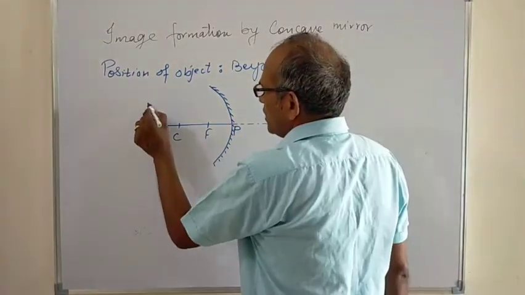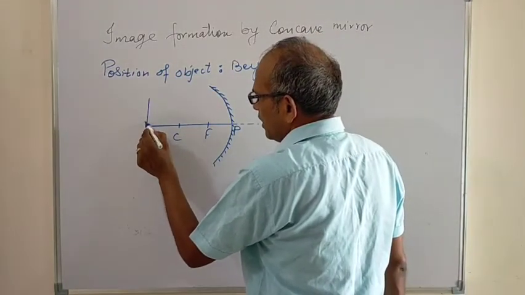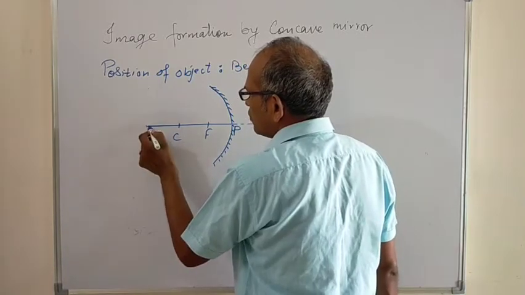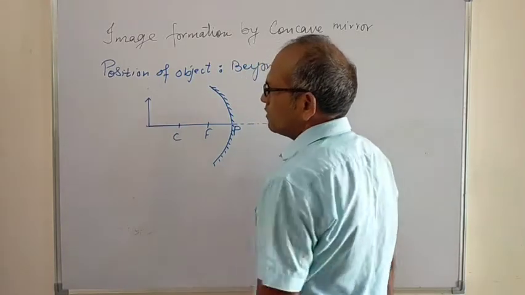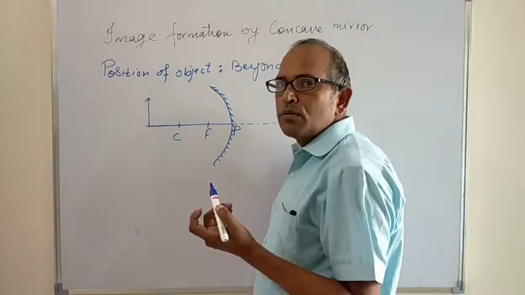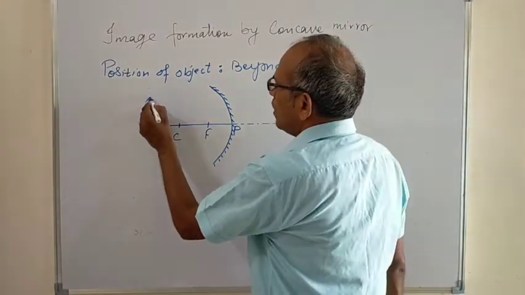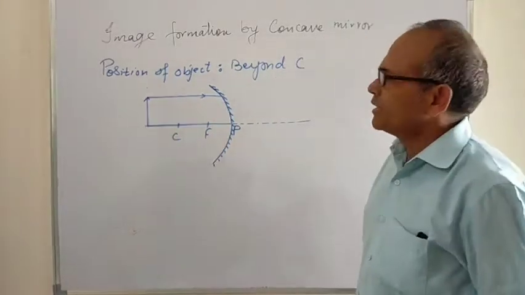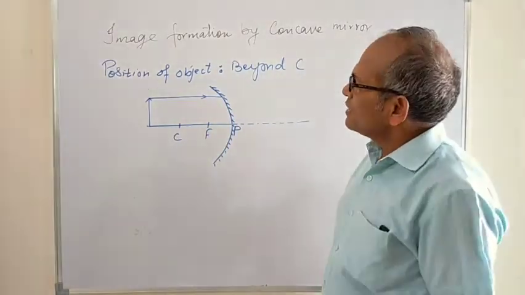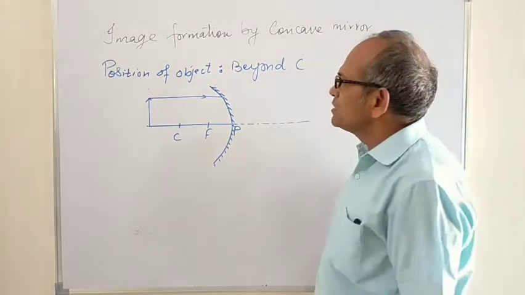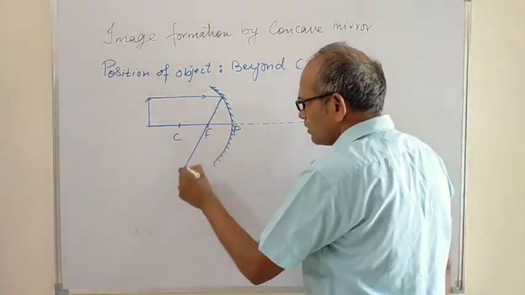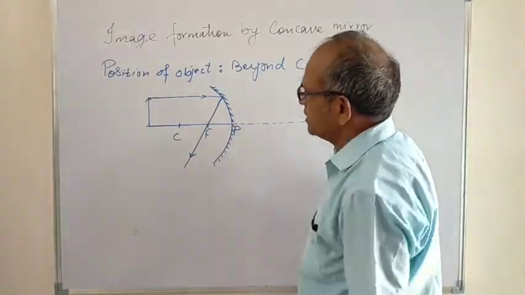Now we take one arrow to mark the object. Using rule number 1, I will draw one line parallel to the principal axis. Rule number 1 says if the ray of light is parallel to the principal axis, then it passes through the focus. So it will pass through the focus.